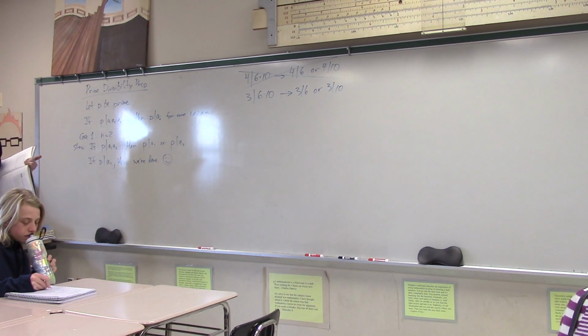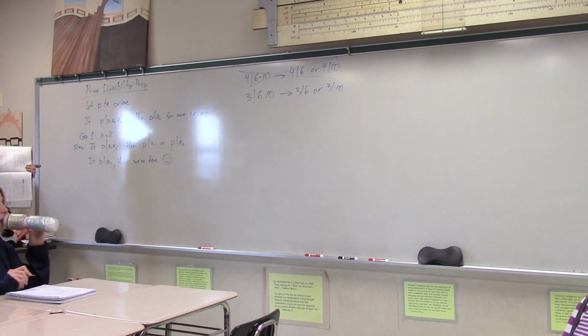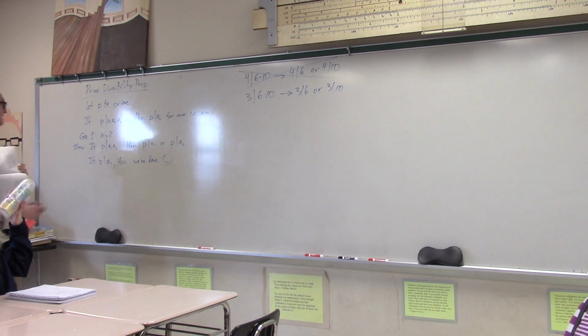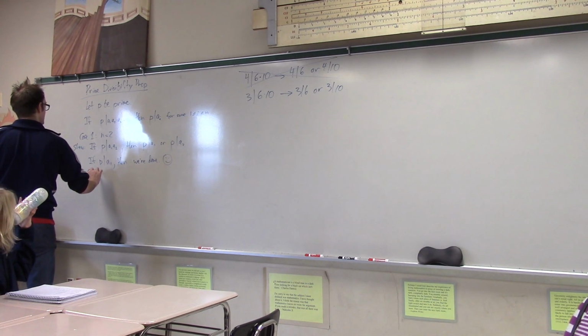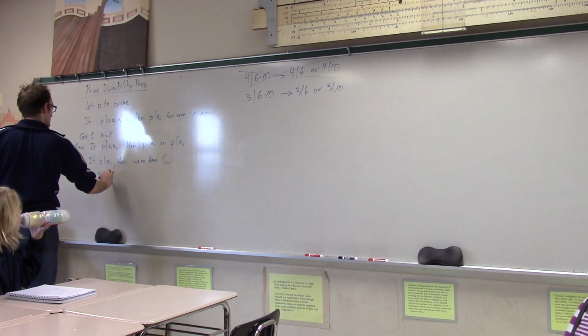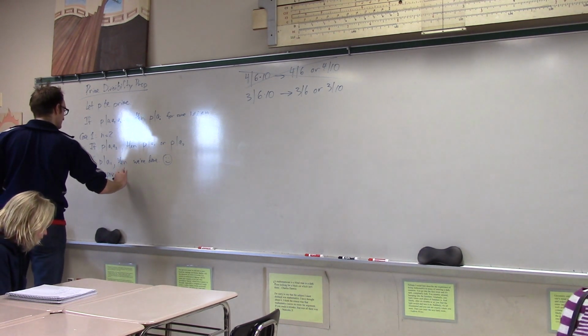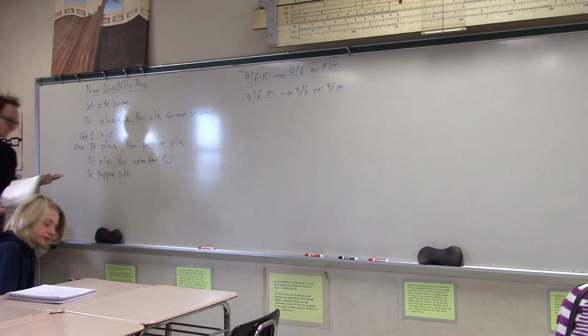So let's now deal with what happens if P does not divide A1, and we're going to have to show that it divides A2. So instead, suppose that P does not divide A1.